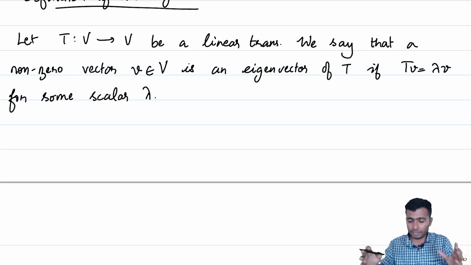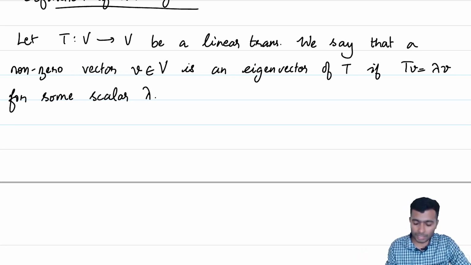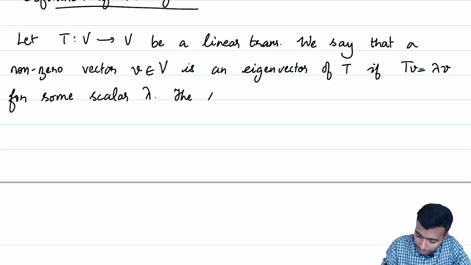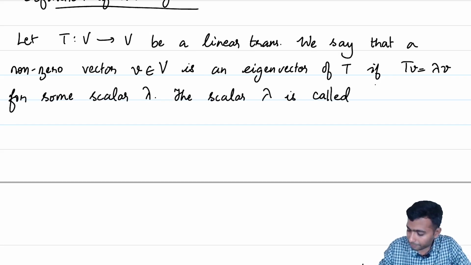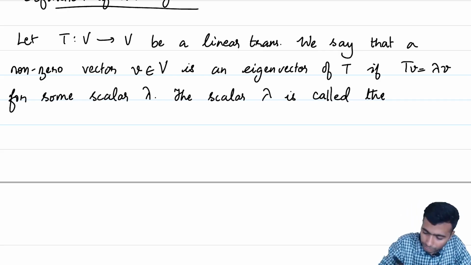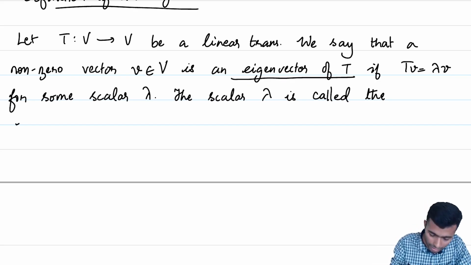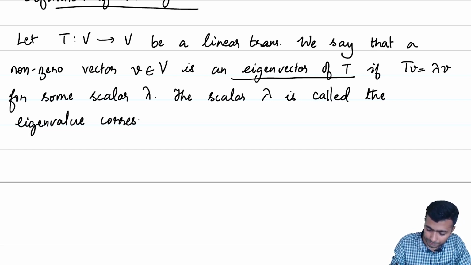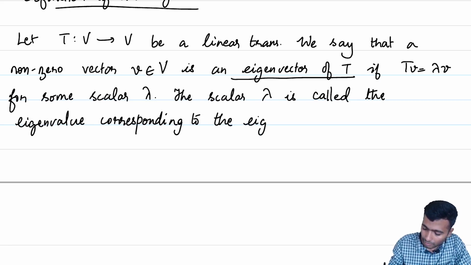So, if the vector v is getting dilated by some lambda, then v is said to be an eigenvector, provided v is not the 0 vector. The scalar lambda is called the eigenvalue corresponding to the eigenvector v.